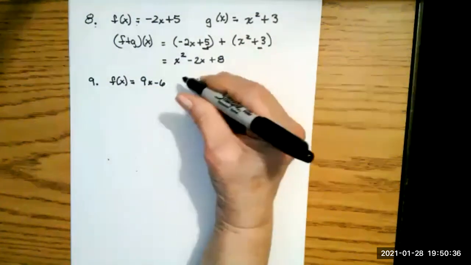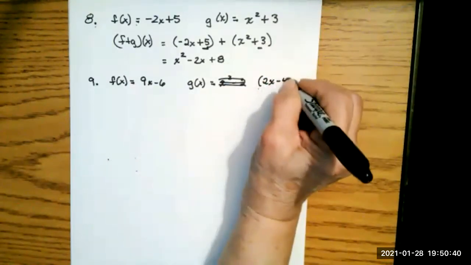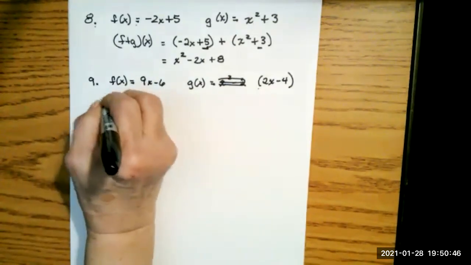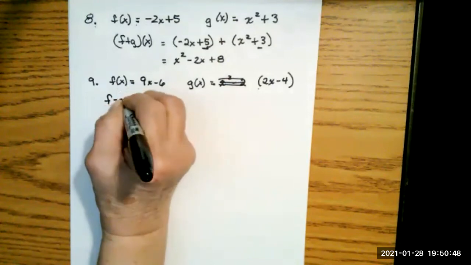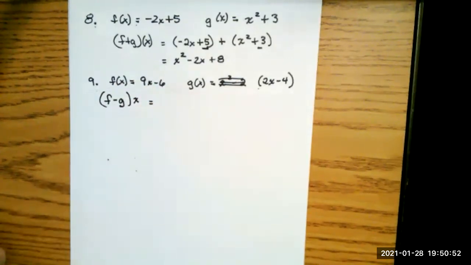Sorry. 9x minus 6 and 2x minus 4 for g. I skipped to the next one. This time they want us to do f minus g of x.